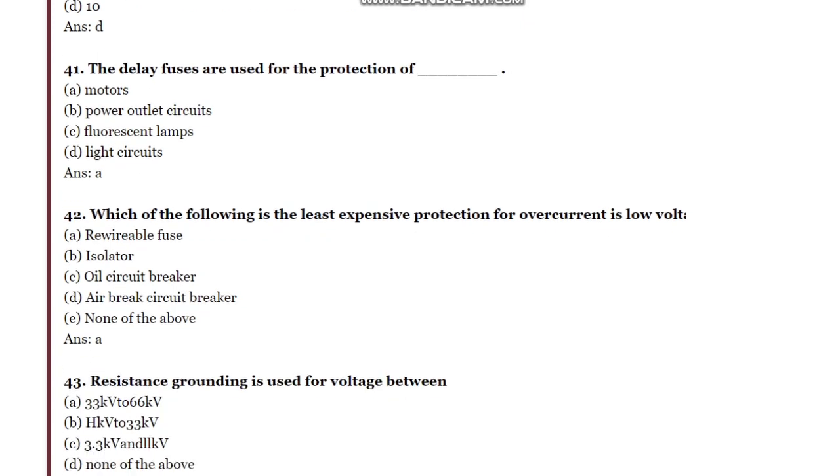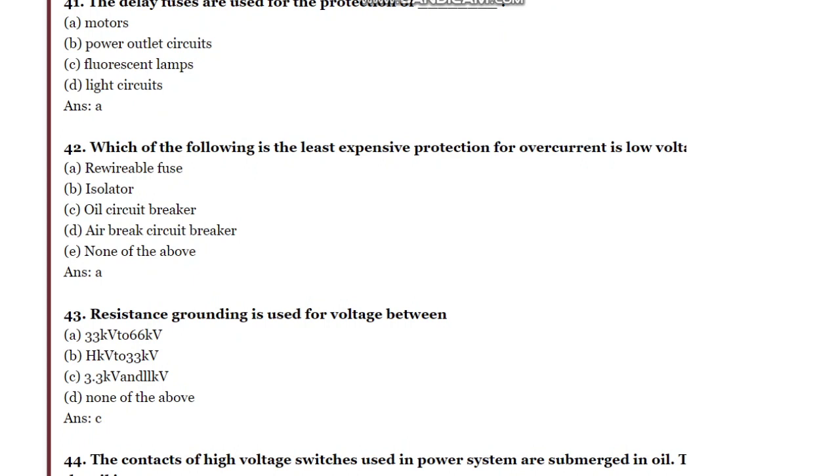Question number 42: which of the following is the least expensive protection for overcurrent in low voltage system? Rewirable fuse, it is the least expensive protection for overcurrent in low voltage system.